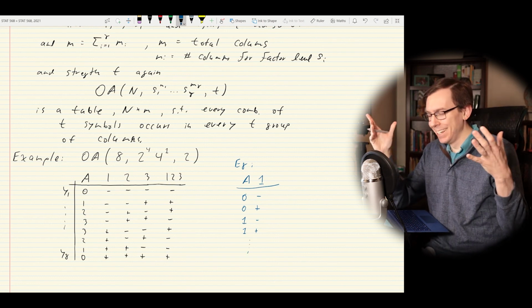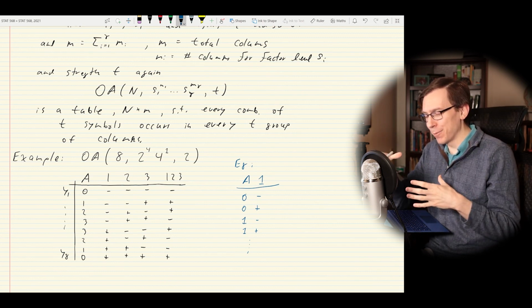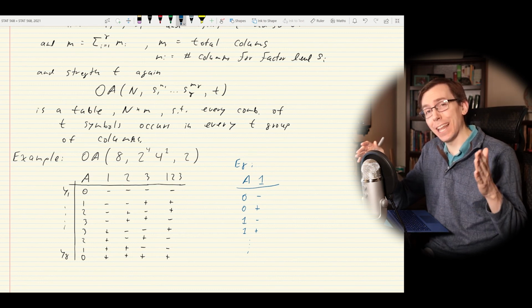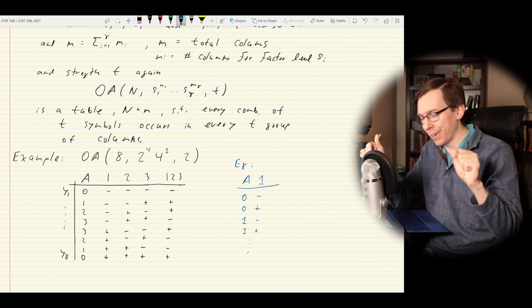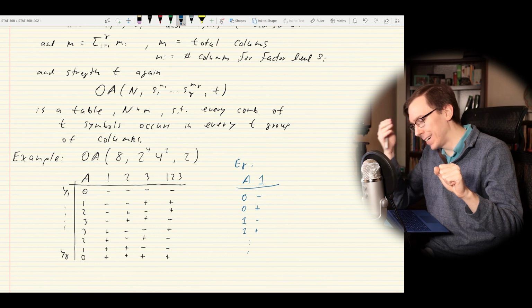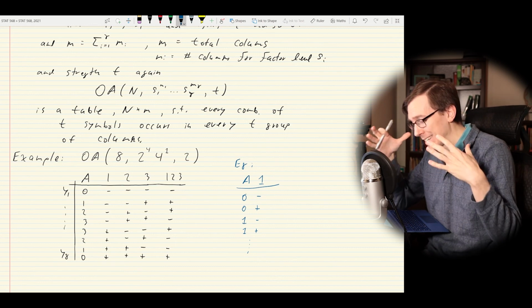This is why it's an ideal thing to have. For my factor A, which has 4 different levels, every setting for A, and every setting for 1, 2, 3, and as a consequence the interaction term 1, 2, 3, is going to occur exactly once. It's going to be tested exactly once in my design.